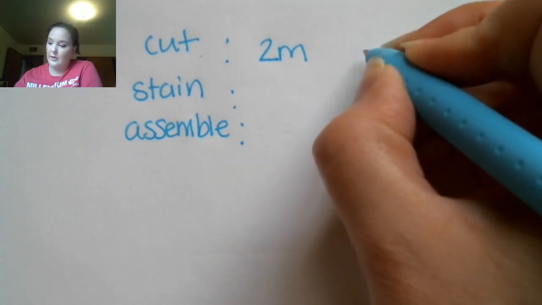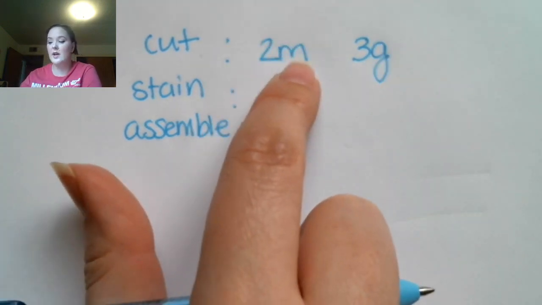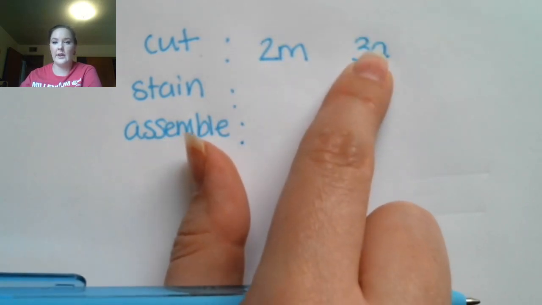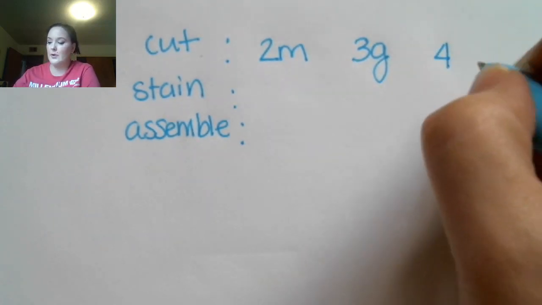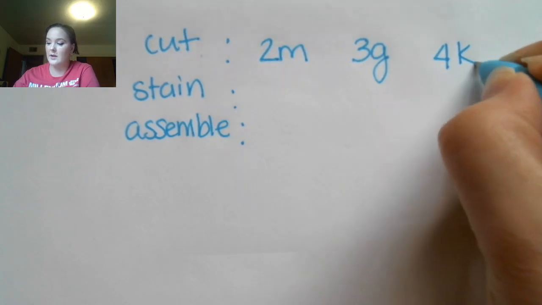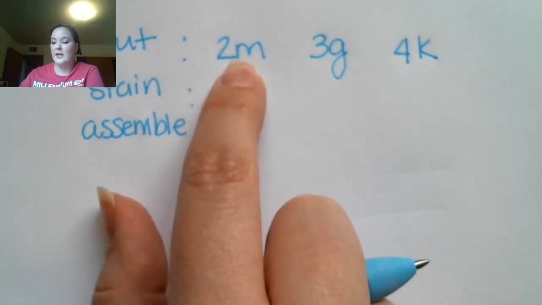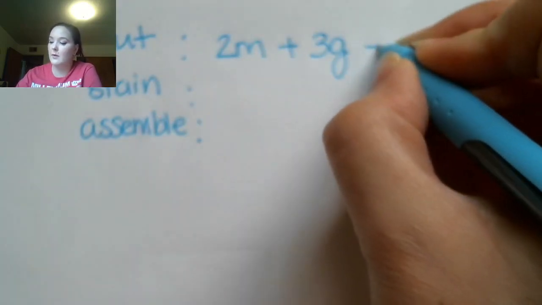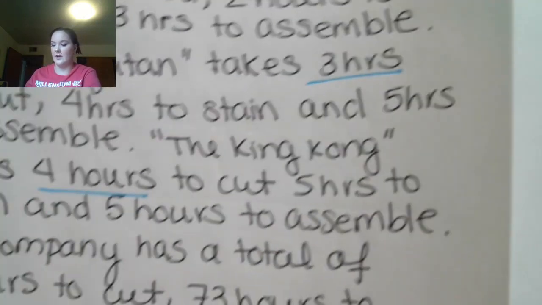Then I have 3 hours per swing set times the number of orangutan swing sets. So this is the total time that it would take you to cut the wood for all of the monkeys, for all of the orangutans. And then for King Kongs, it's 4 hours per swing set times the number of swing sets. So this is what it would take time-wise to cut each one of these. So the total, or the sum, should be the total amount of time that they have to cut.